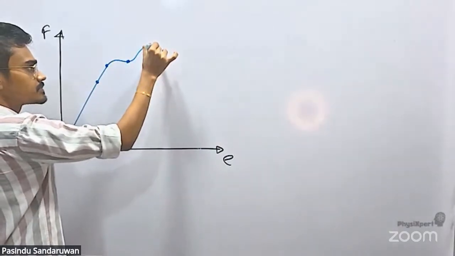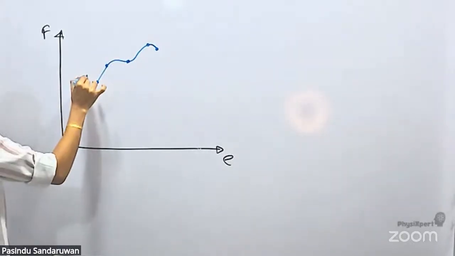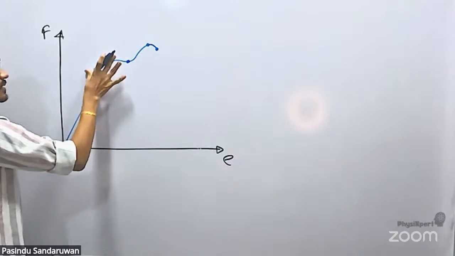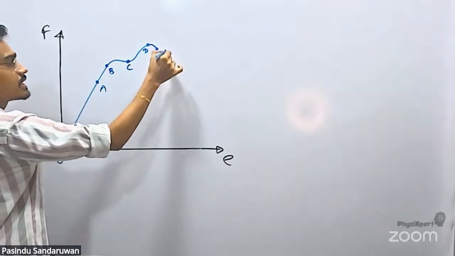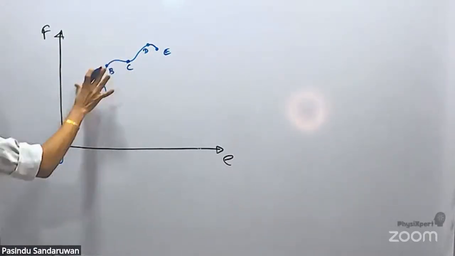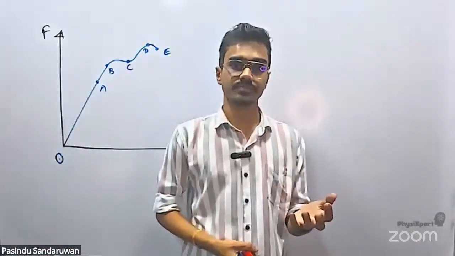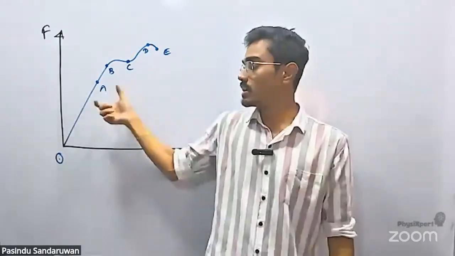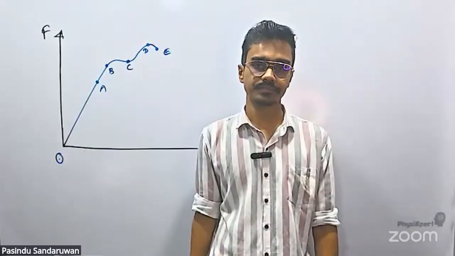Let's say these are O, A, B, C, D, and E. Between each two points, we are going to logically explain the behavior of the object under each region, under each scenario.